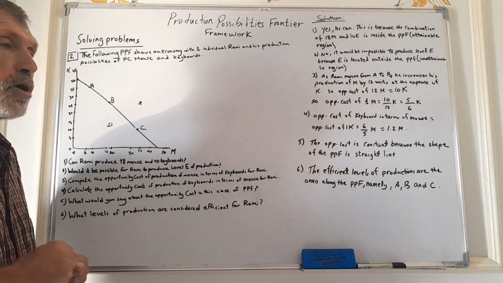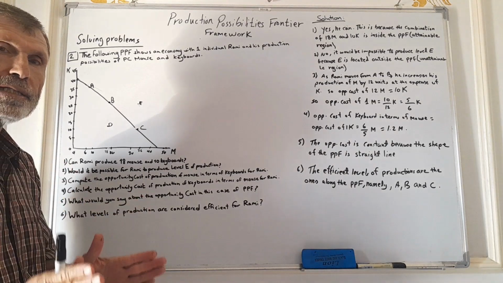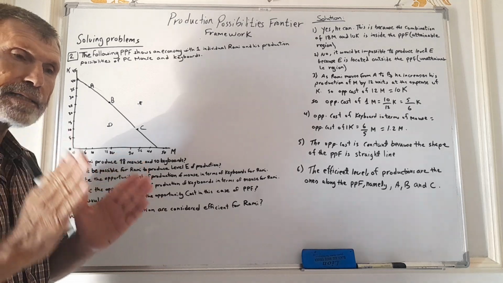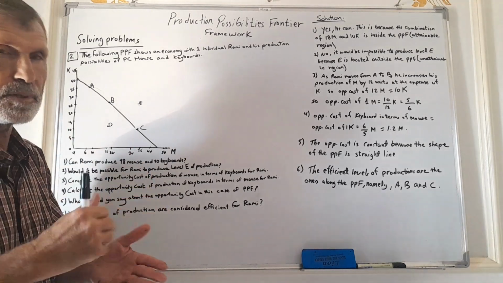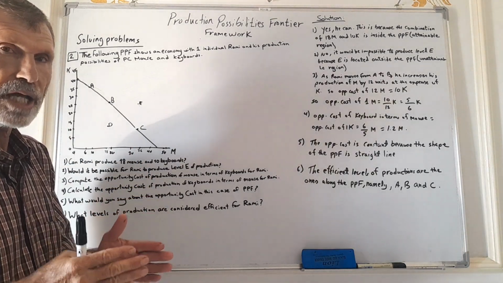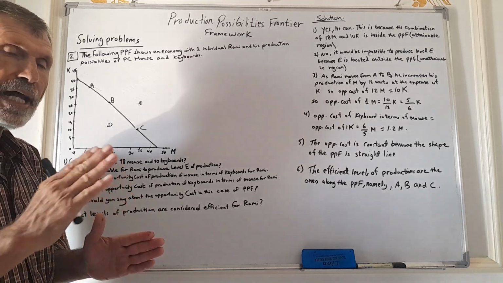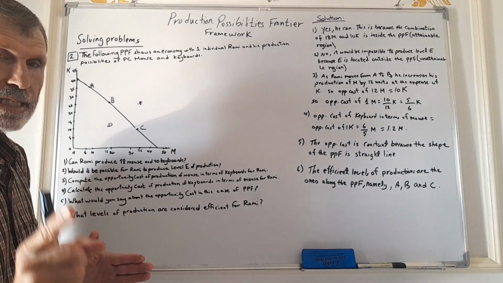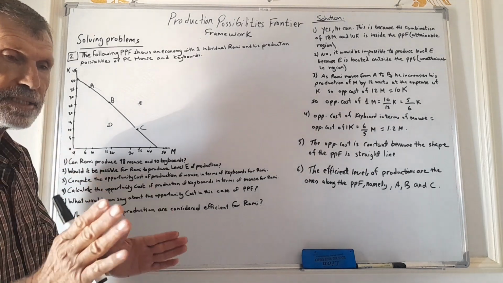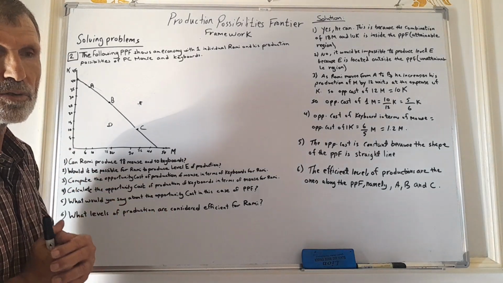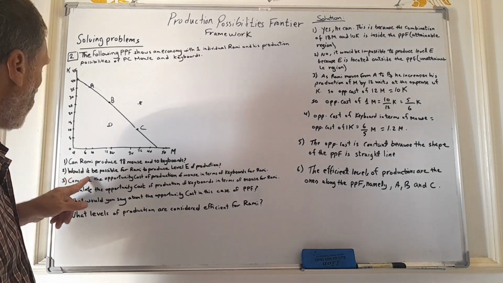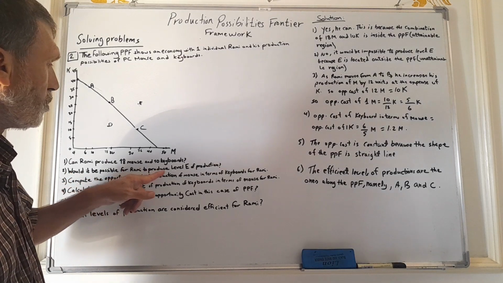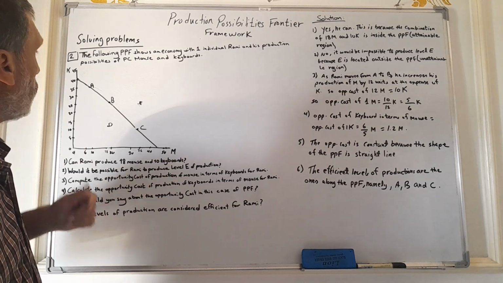Why? Because D is located in the attainable region. It's inside the PBF. So Rami can produce any combination along the PBF and inside the PBF. And since D is inside the PBF, yes, indeed, he can produce D. Now, will it be possible for Rami to produce level E of production? Where is E located?